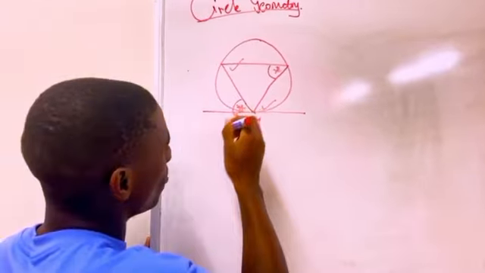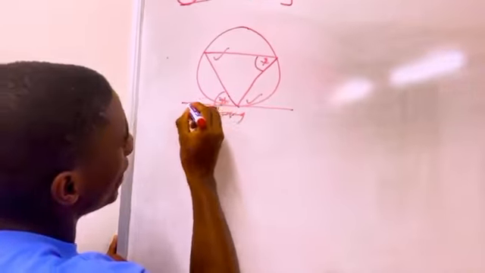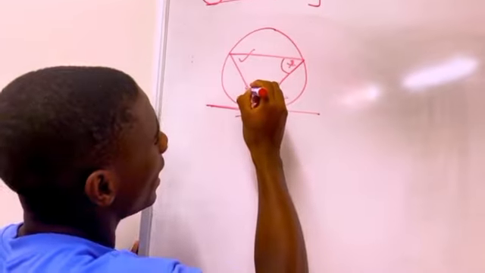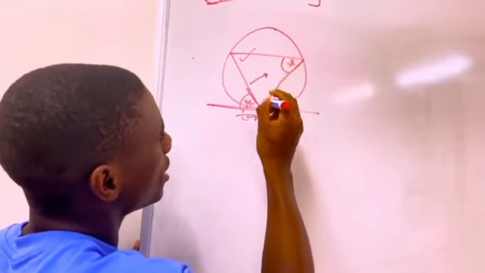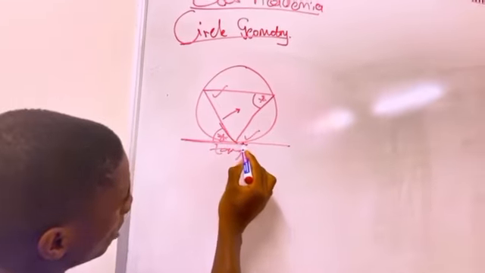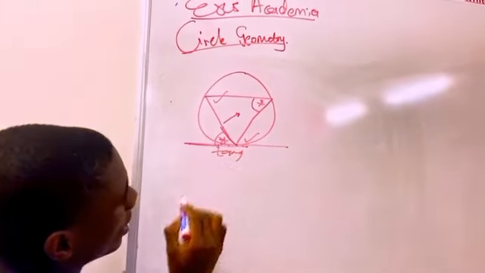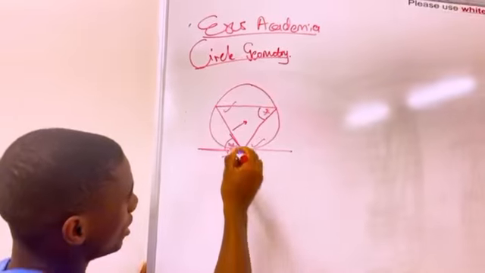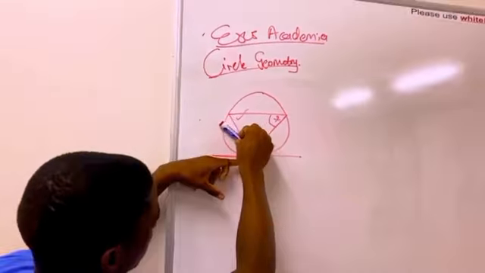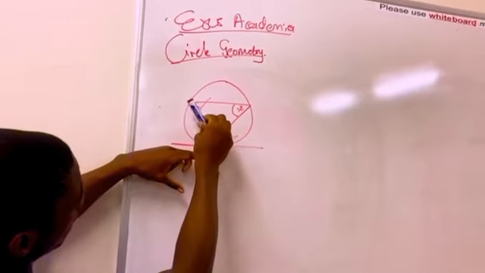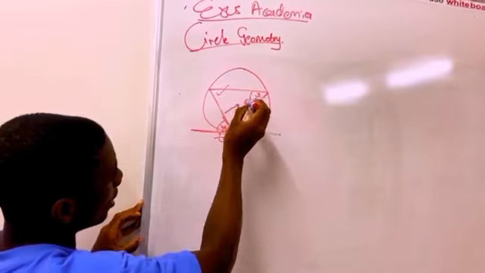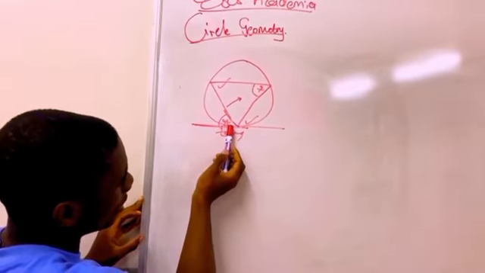The angle that is formed between a tangent and a chord is equal to the same angle that is opposite to the same chord, the chord that subtends the angle that is adjacent to the tangent, which is this angle. We are saying the angle is formed between the tangent and the chord. Then the same chord, the angle that is opposite to the chord, is this angle. Is equal to this angle that was formed.